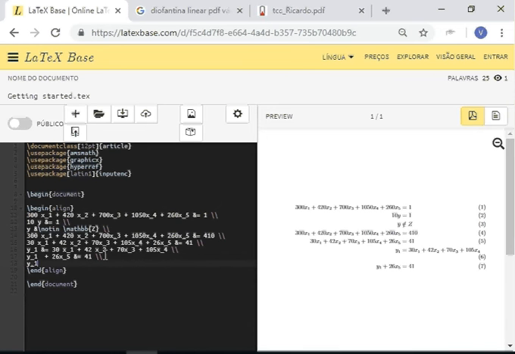y1 equals 27, x5 equals minus 1. Note that 27 minus 26 equals 1.